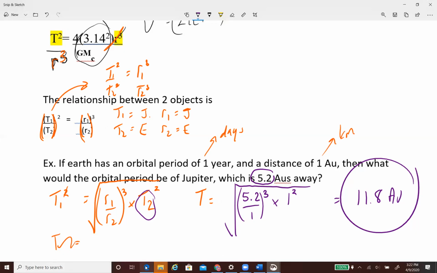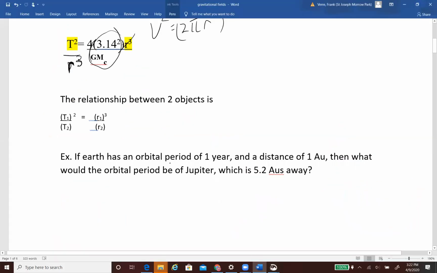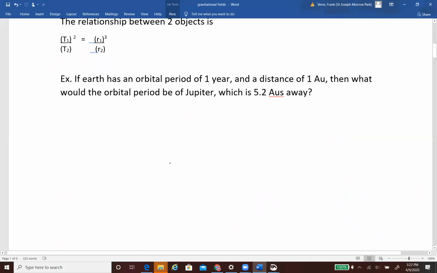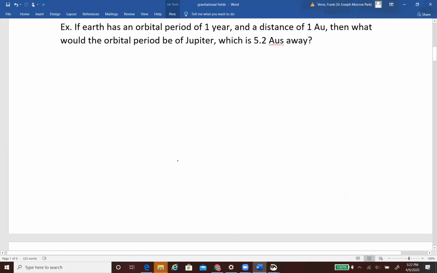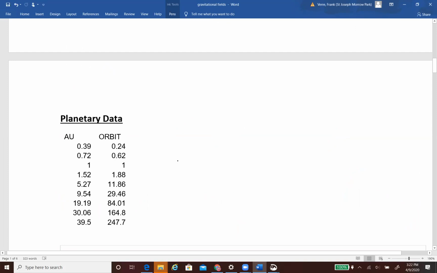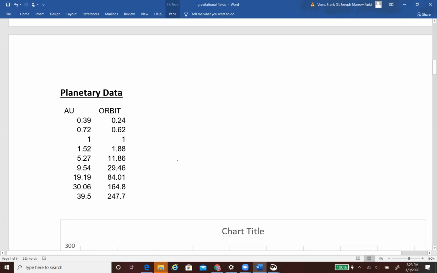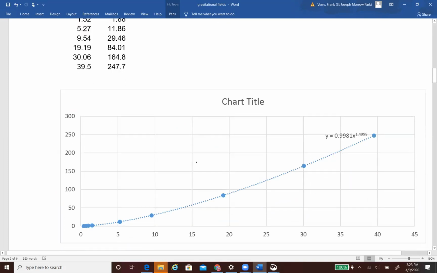What's really cool is if you take Kepler's third law and apply it to the actual distances, whether in AUs or kilometers, and the actual orbital periods, this is the graph.